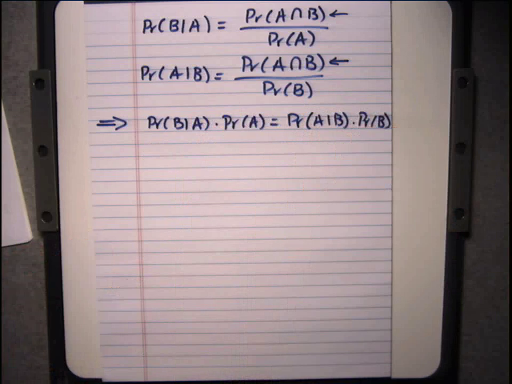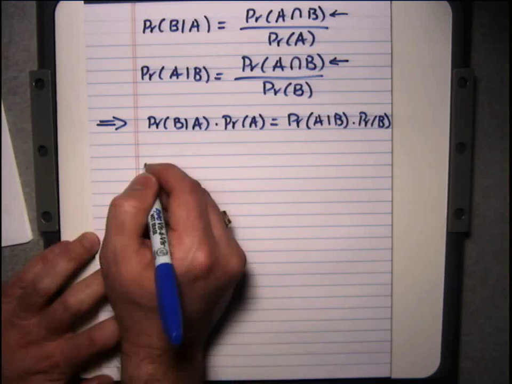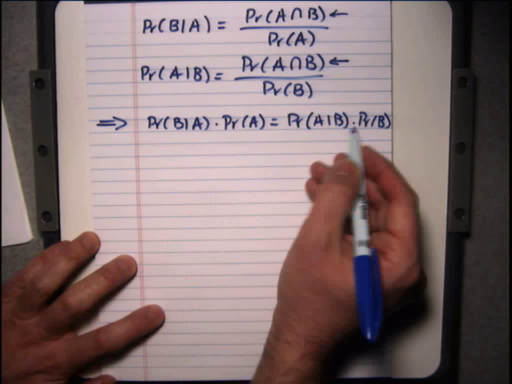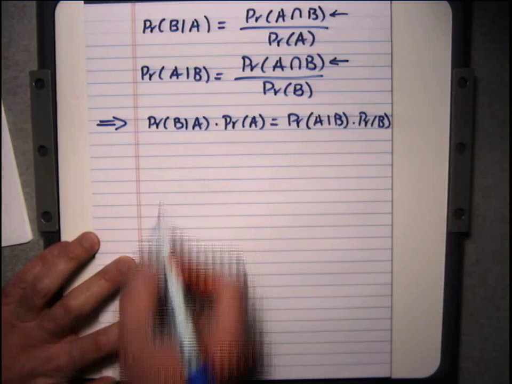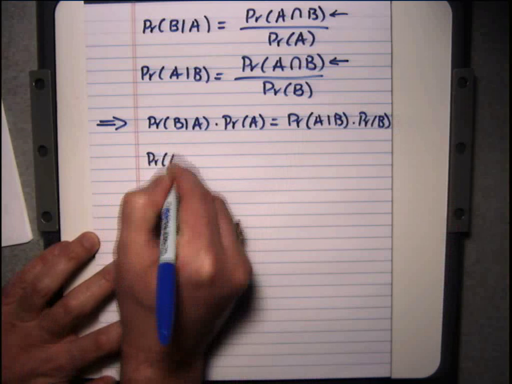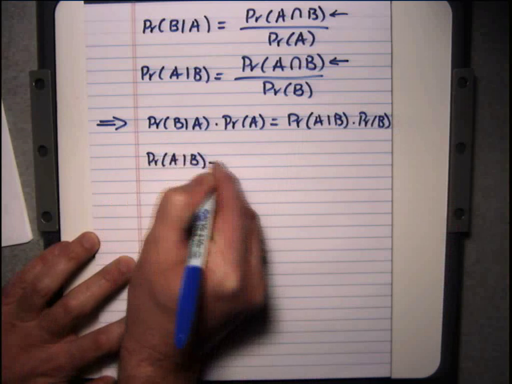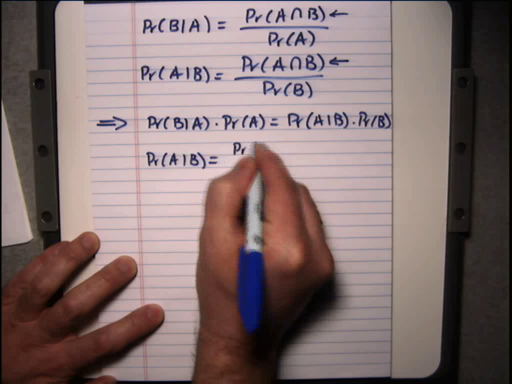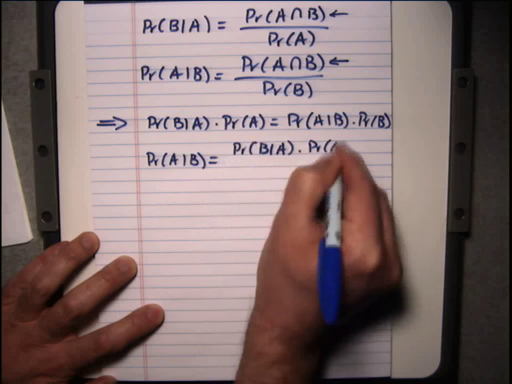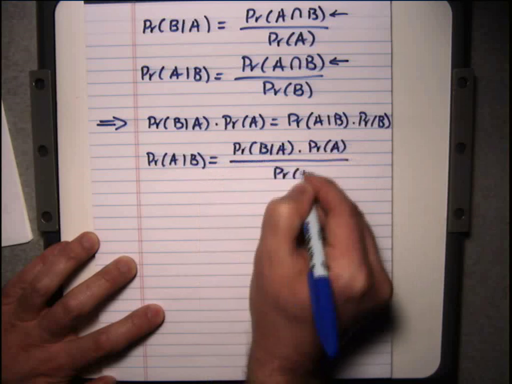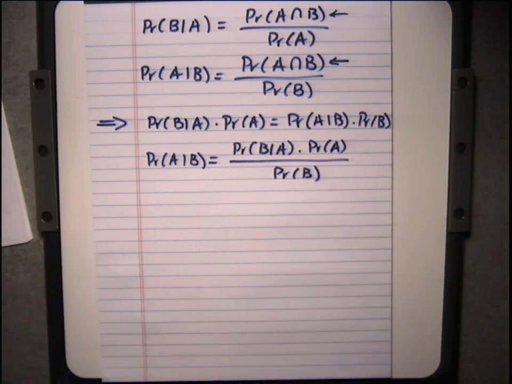Okay? And what this shows me is a way to reverse the conditioning of the probability. So if I have, let's say, probability of A given B, and I want probability of B given A, this tells me a way to do it. So for instance, probability of A given B is therefore equal to probability of B given A times probability of A divided by the probability of B. Okay?